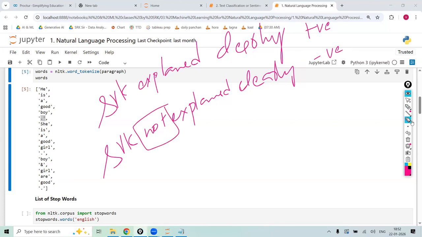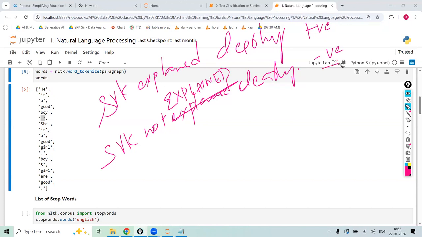Now, is there any connection? If I write SRK in caps lock here, will this be modified into anything special? Or if I write a dot here, will it change? Or if I write "explained" in caps lock, is it going to change? No, right?